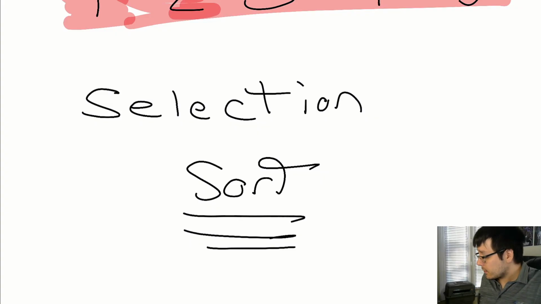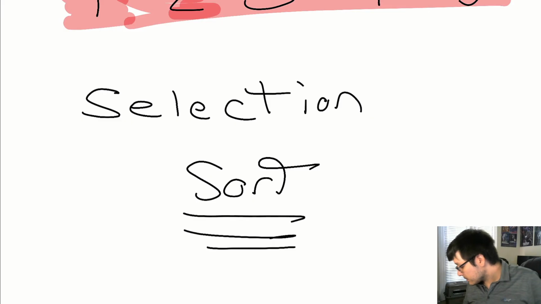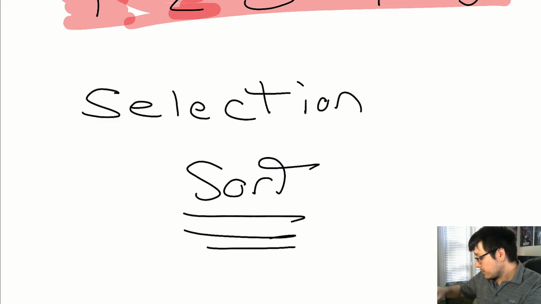Okay, so moving on to the next one, selection sort. Let me look at my complexities for that one. So that one I have n squared for everything as well. Let's see what Geeks for Geeks says on that. They don't even have a best case option for that one.